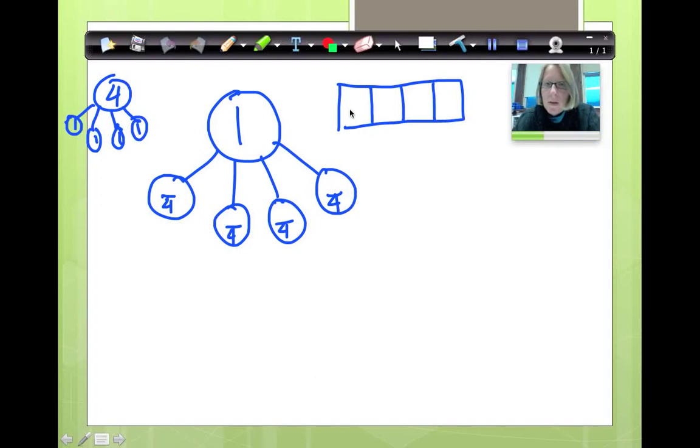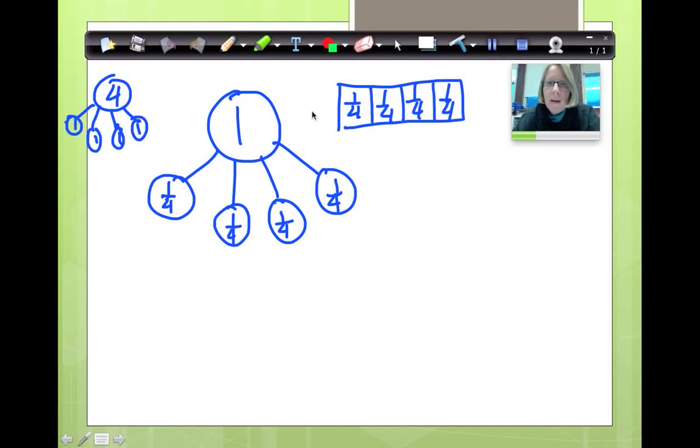So 1 whole would be this whole rectangle, each one of these partitions would be one of these circles in my number bond. So if I'm writing this here, I would have to write it like this, right? Well, then I have to do the same thing over here. 1/4, 1/4, 1/4, 1/4, because 1/4 plus 1/4 plus 1/4 plus 1/4 does equal 1 whole.